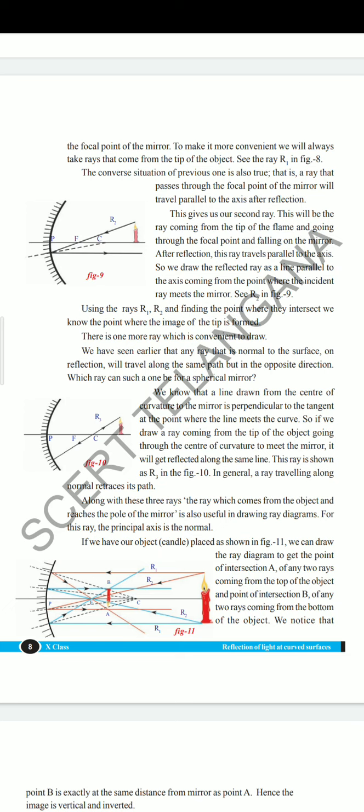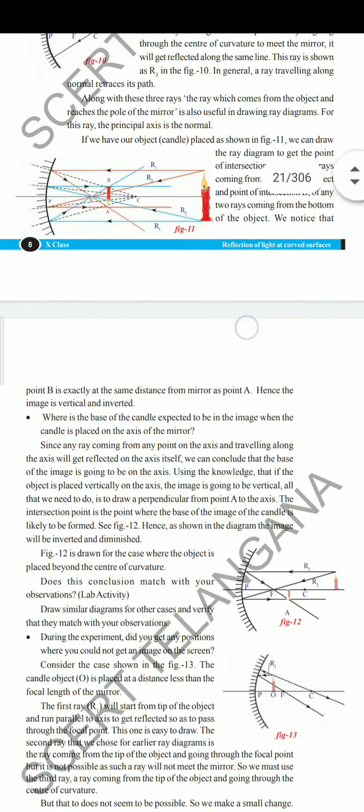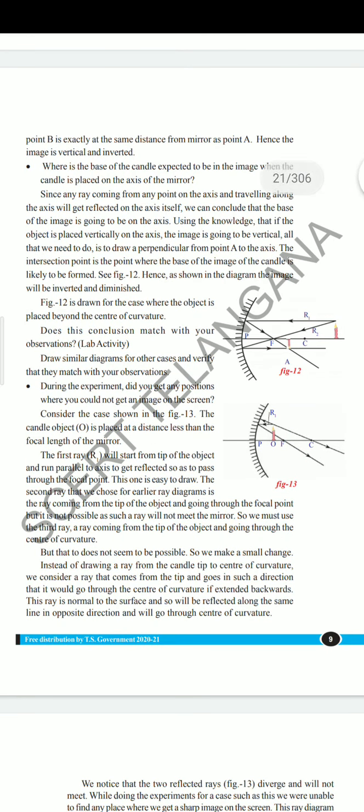If we have our object placed as shown in figure 11, we can draw the ray diagram to get the point of intersection A of any two rays coming from the top of the object and point of intersection B of any two rays coming from the bottom of the object. We notice that point B is exactly at the same distance from the mirror as point A. Hence the image is vertical and inverted.